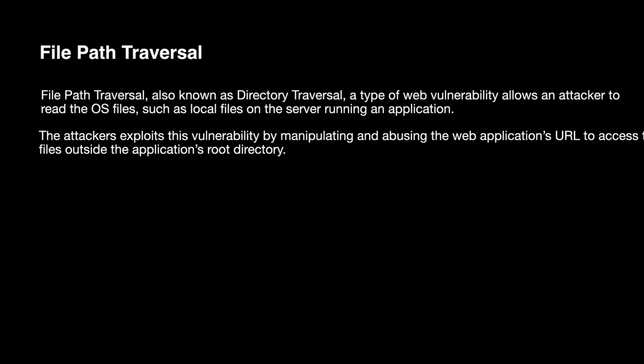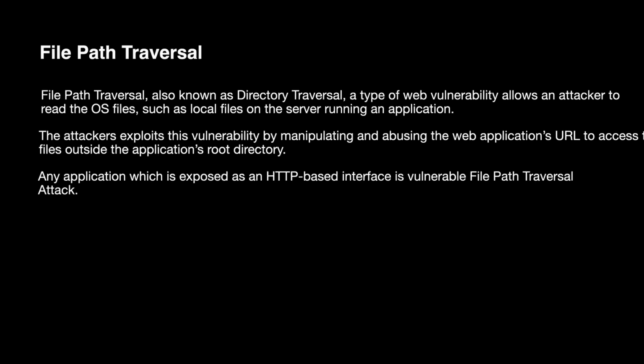So what a thief does is he will manipulate or abuse the biometrics and try to get into the restricted access room. In the same way, hackers try to abuse the web application URL to access files which are outside the application's root directory or server.